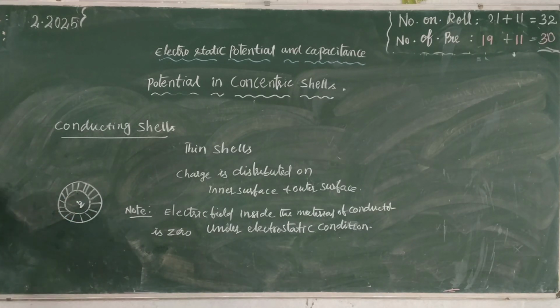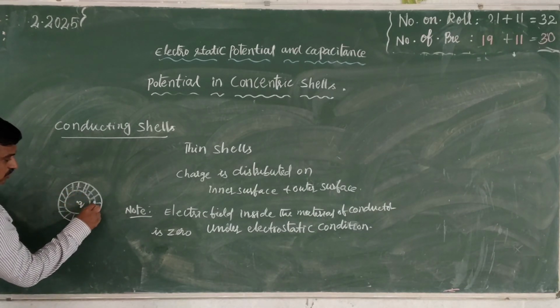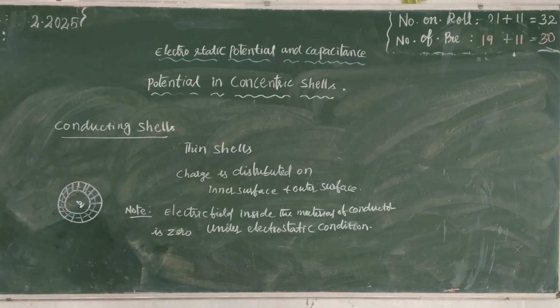For that we can select a Gaussian surface. According to Gauss law, the electric field inside the Gaussian surface is zero.